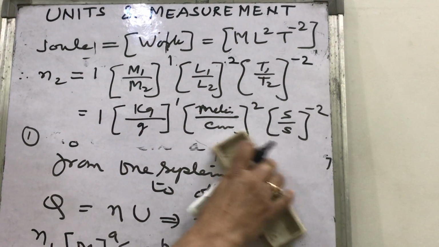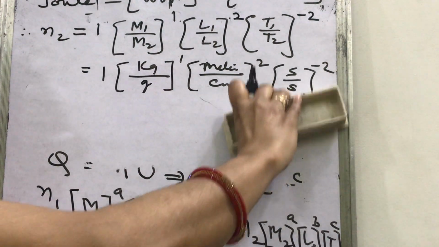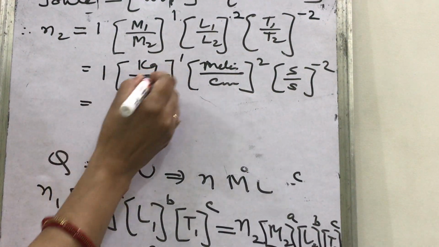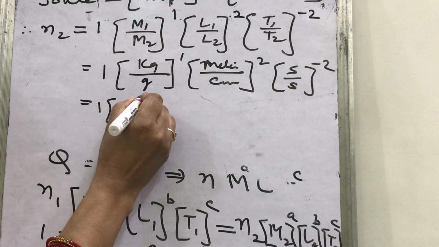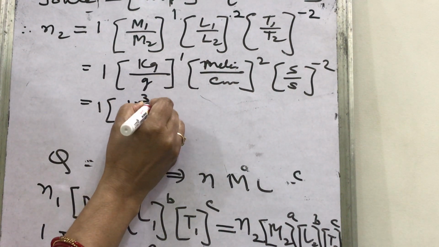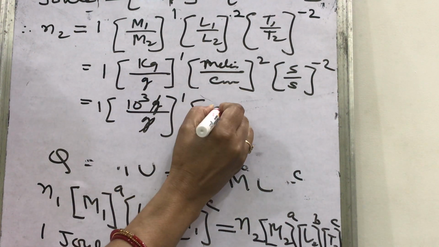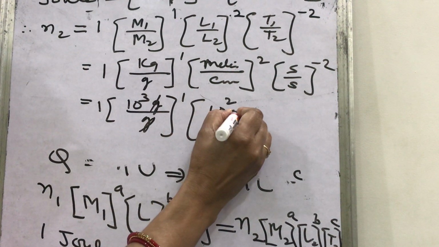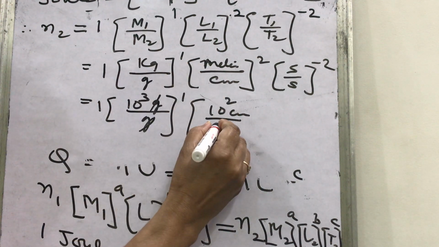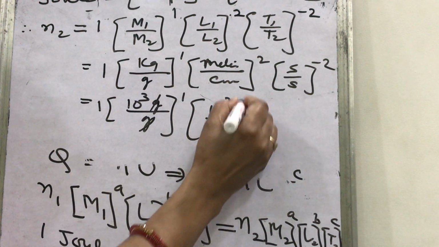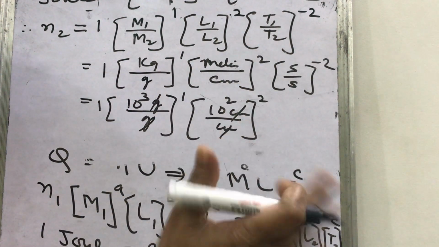So how do you apply this first rule, the change of system, to find N? It is simple. In place of kg, write 10 to the power 3 grams; gram cancels, and the power is 1. Here 1 meter is 10 to the power 2 centimeter. That's why measurement is important; you should learn these relations. Centimeter cancels, and second upon second to the power minus 2 remains 1.